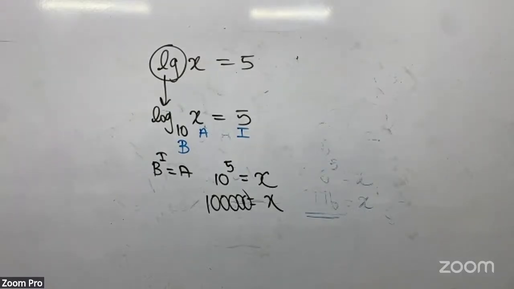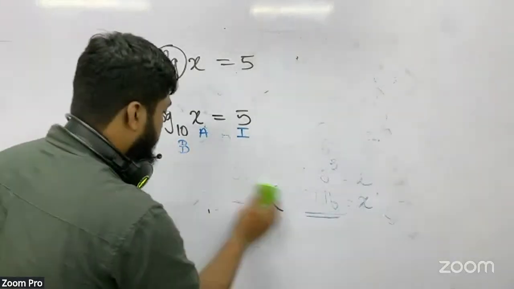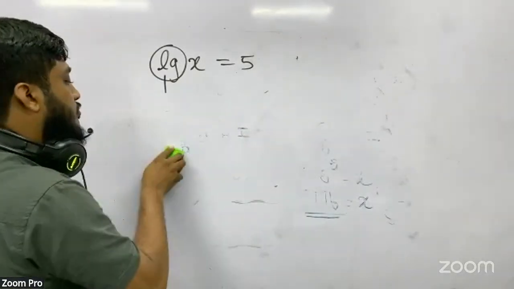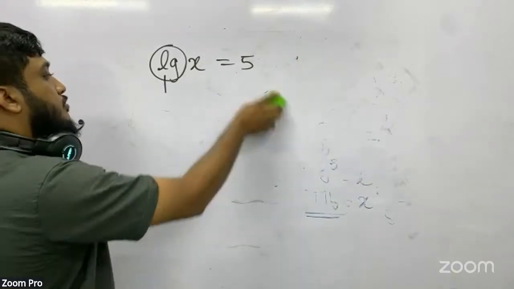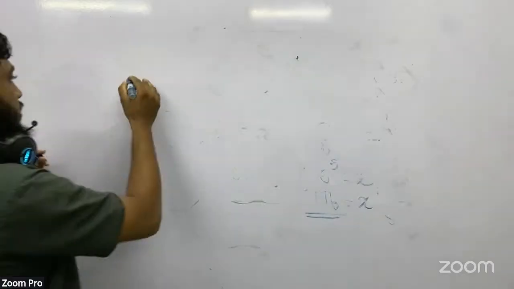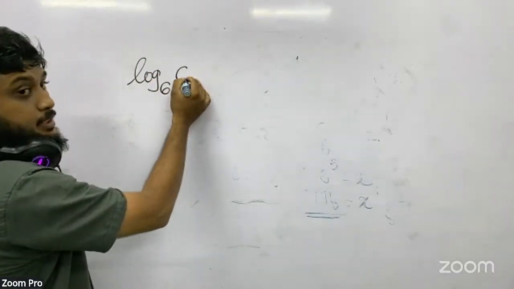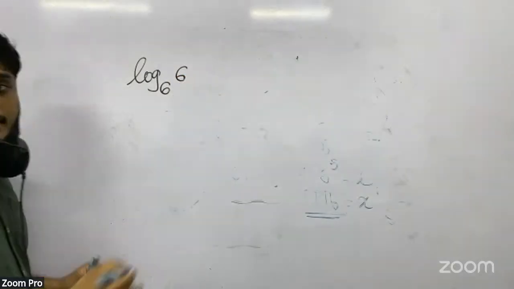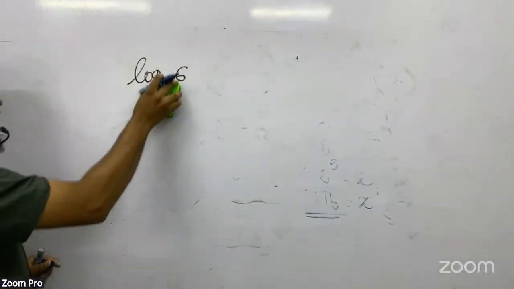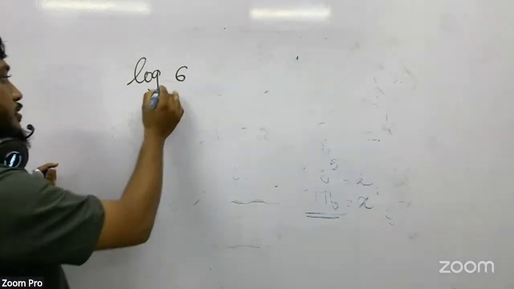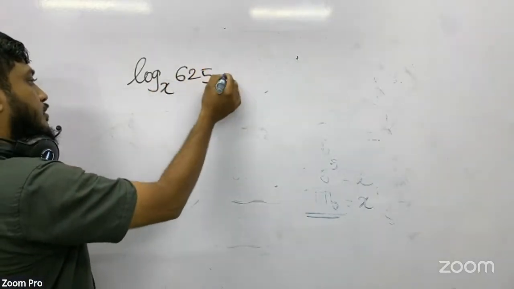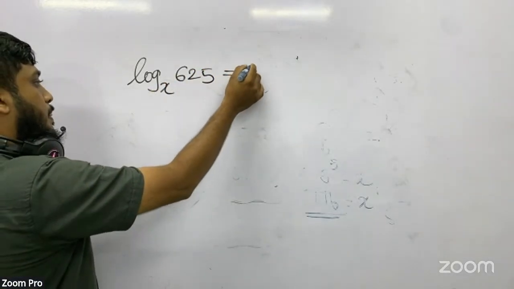Log x 625 equal 4. Next one is log x 625 equal to 4, right?